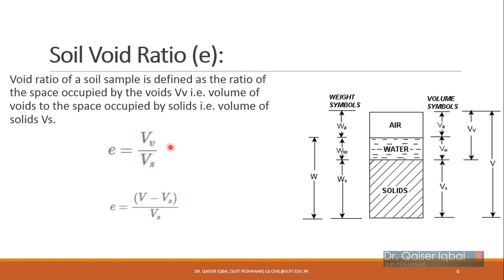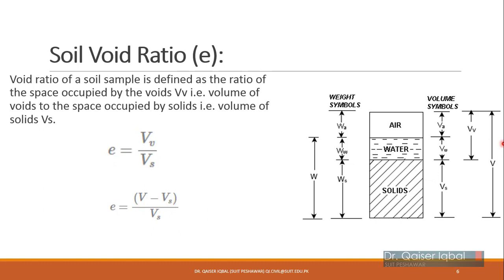Over here you can see volume of voids is also equal to total volume minus volume of soil solids. Because you will not be able to directly measure the volume of voids in the laboratory, we will be measuring the total volume and volume of soil solids.